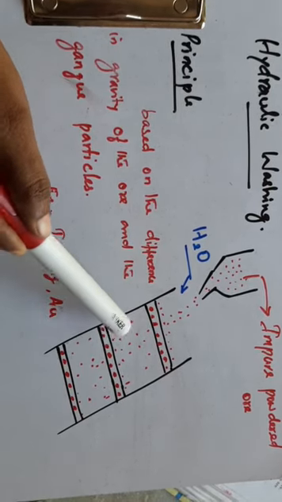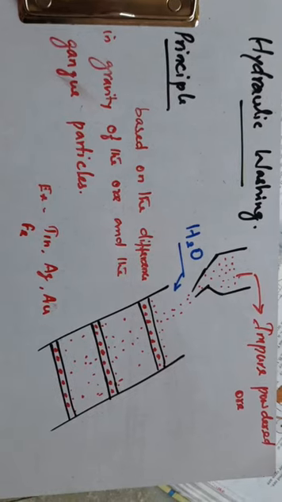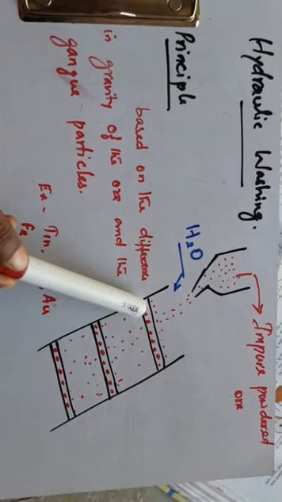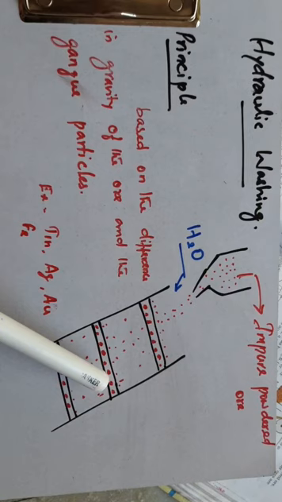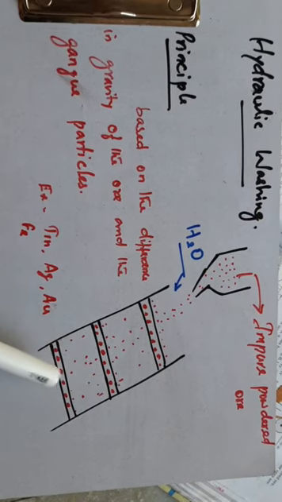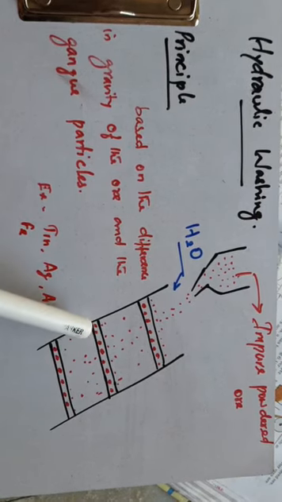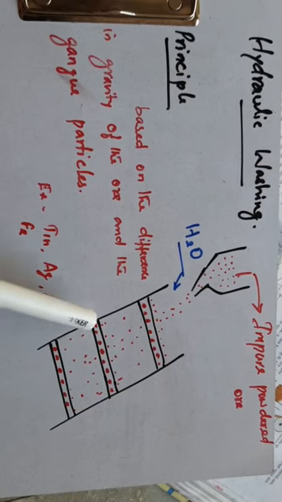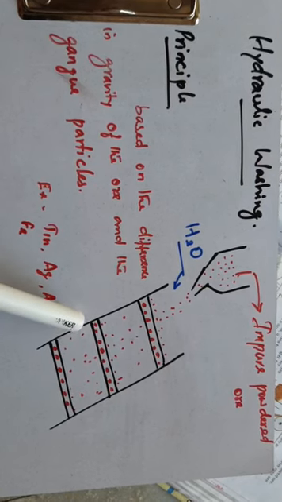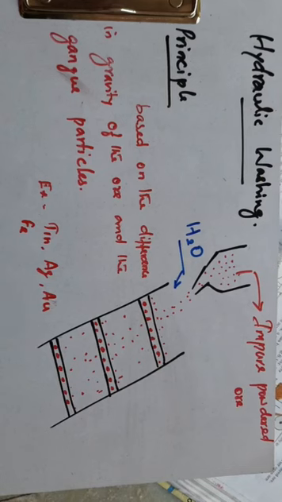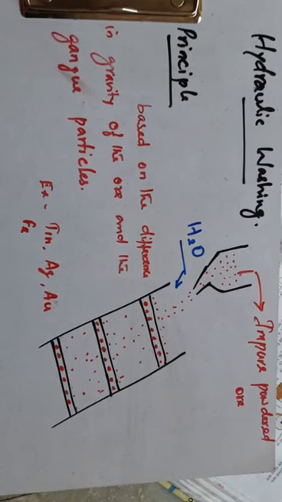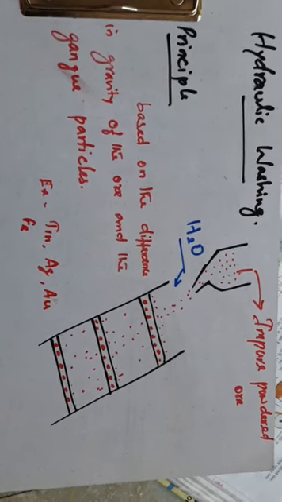All the lighter impurities are washed away with the water, but the heavier ore particles remain in the grooves. Like that we can easily separate the concentrated ore from the impure ore. This is called hydraulic washing.